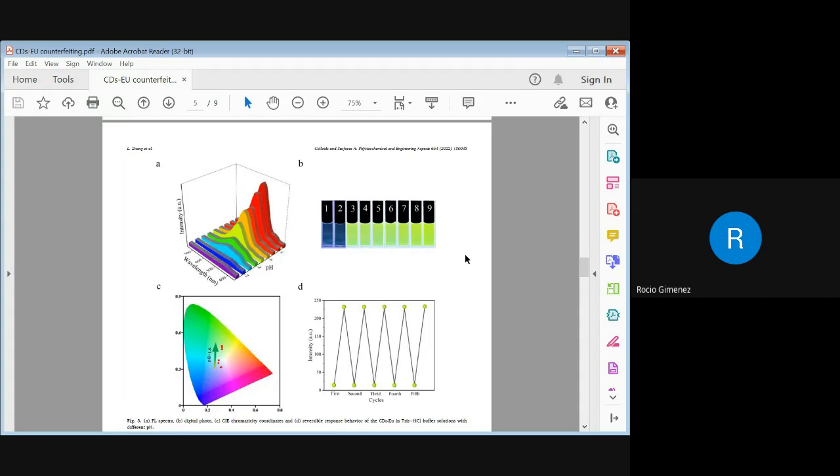So the fluorescence intensity of the nanocomposite is enhanced when you increase the pH of the solution, and it is reduced when the pH decreases back to 1.